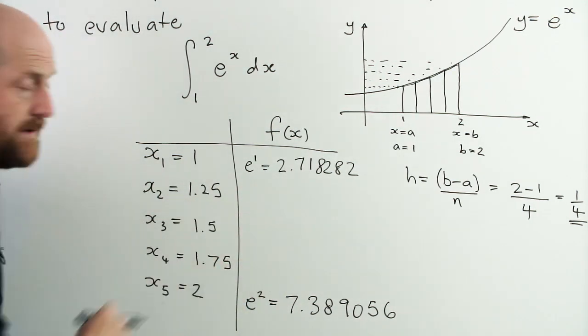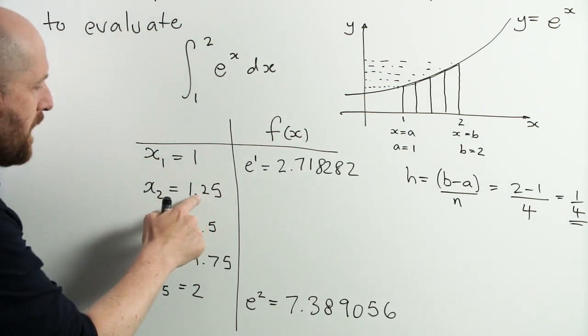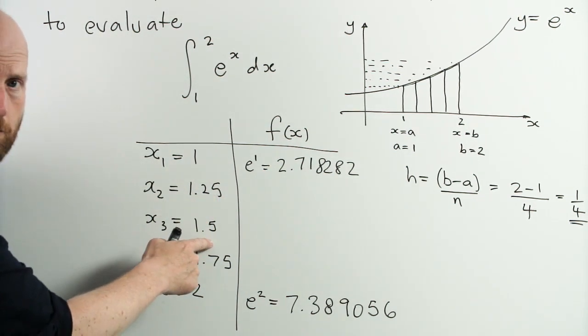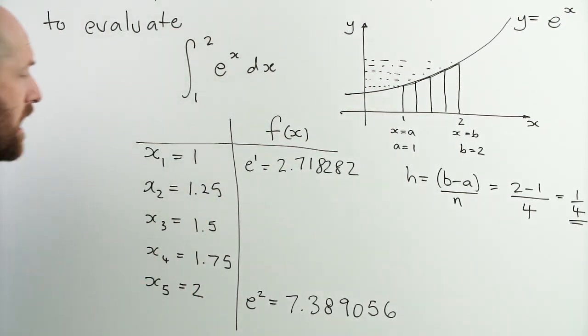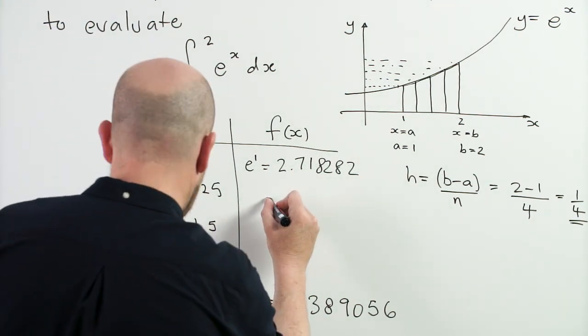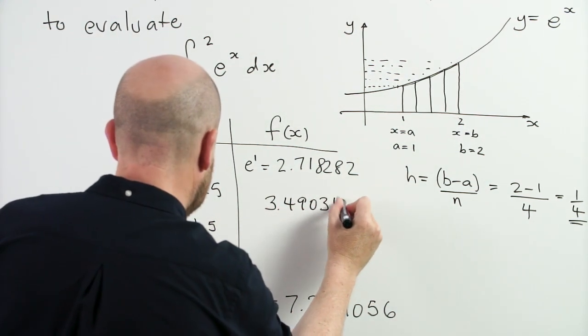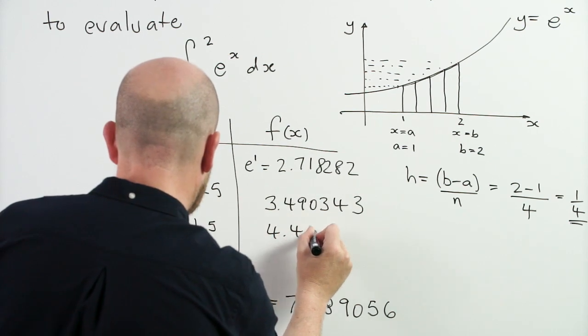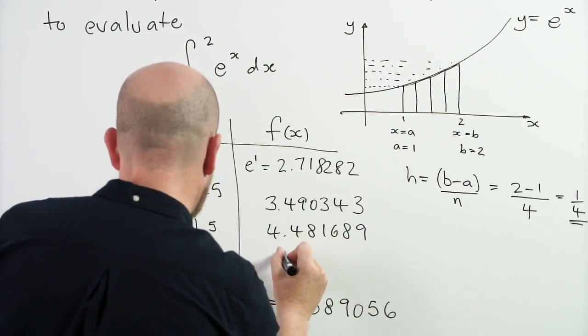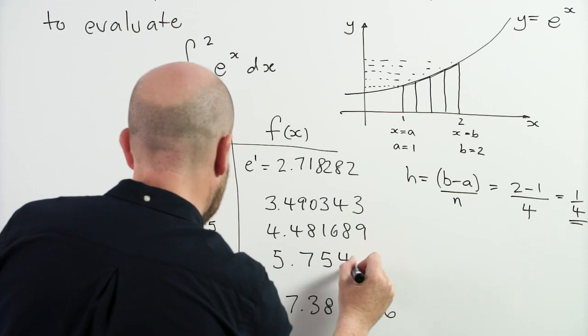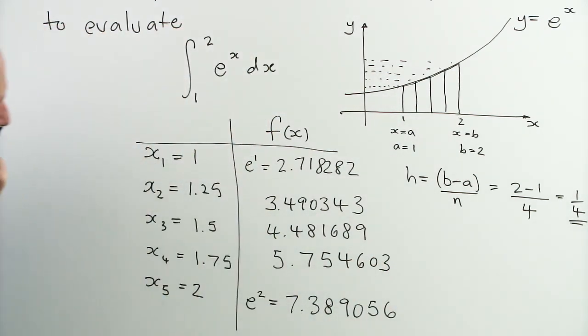Then I'll do all the intermediate ones: e to the power 1.25, e to the power 1.5, etc. I just use my calculator for all of these, and here they are. There are all the values of my function.